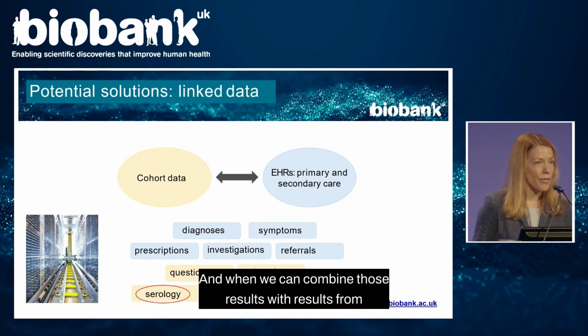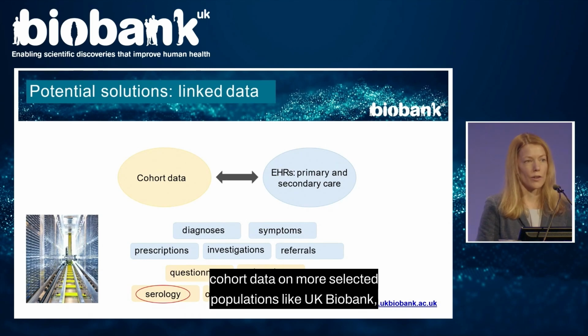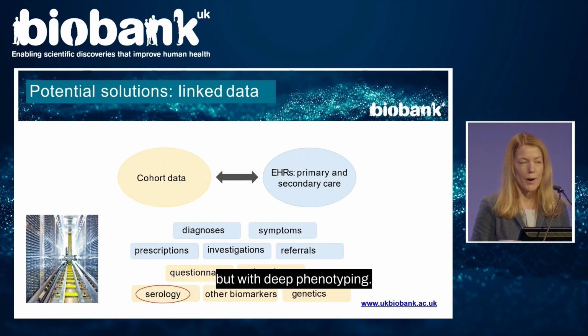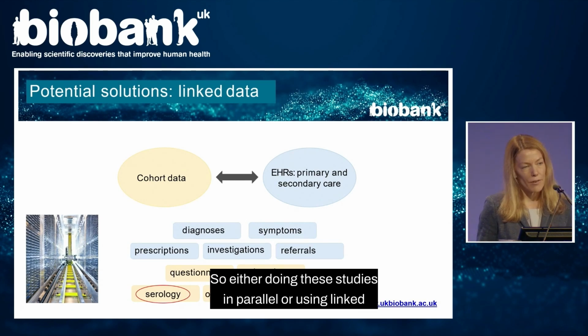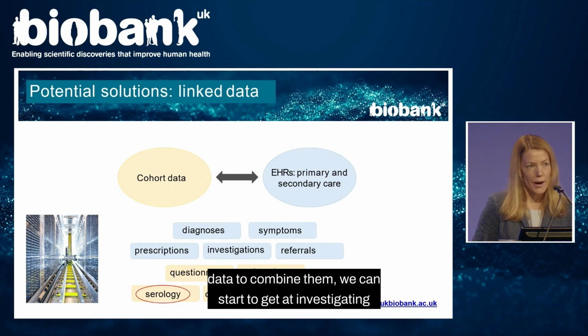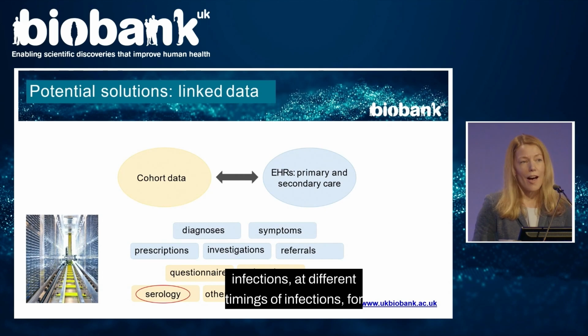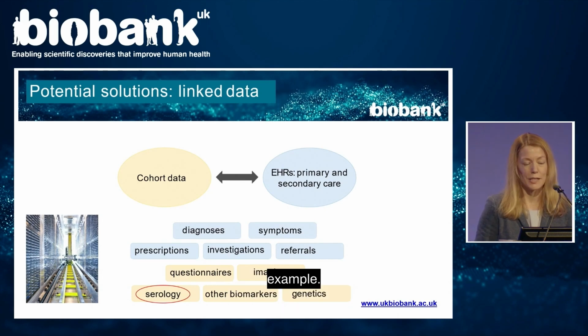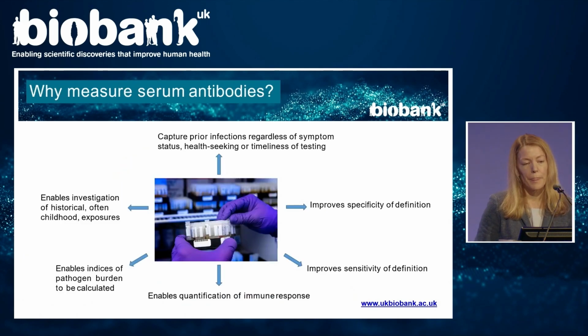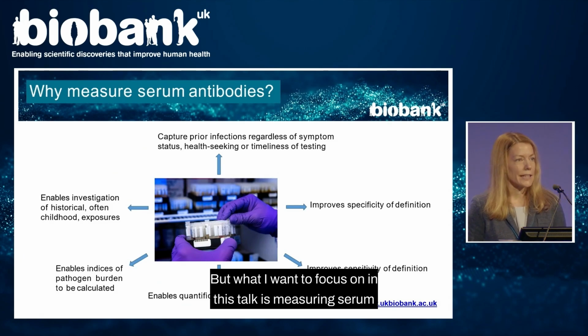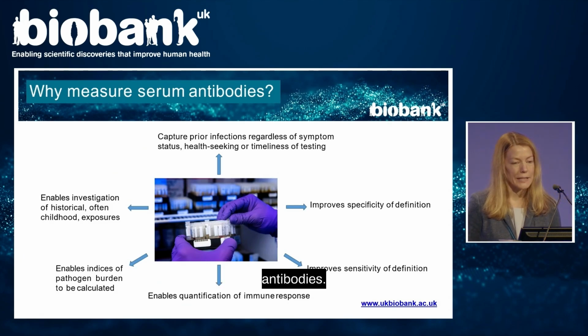And we can combine those results with results from cohort data on more selected populations like UK Biobank, but with deep phenotyping. So either doing these studies in parallel or using linked data to combine them, we can start to get at investigating infections of different severities, different types of infections, at different timings of infections, for example. But what I want to focus on in this talk is measuring serum antibodies.